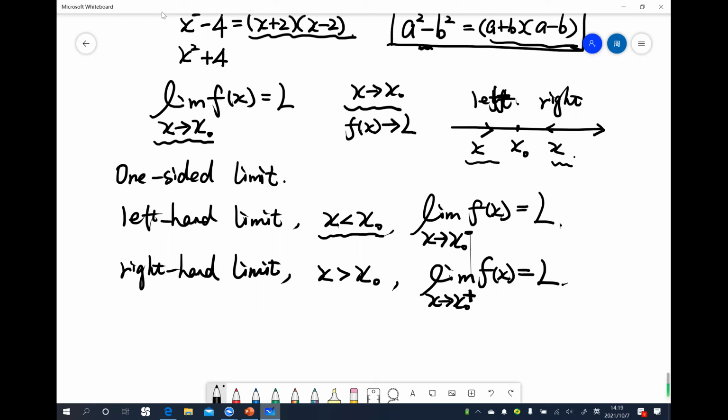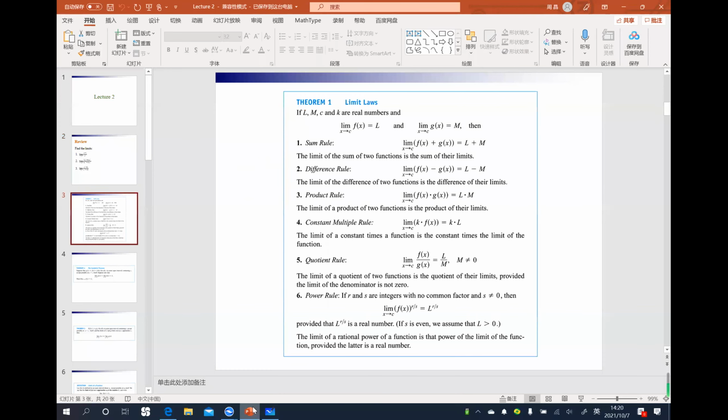And here, the left-hand limit and right-hand limit have the same properties as the limit of a function. So here I will show you the limit laws of a function.